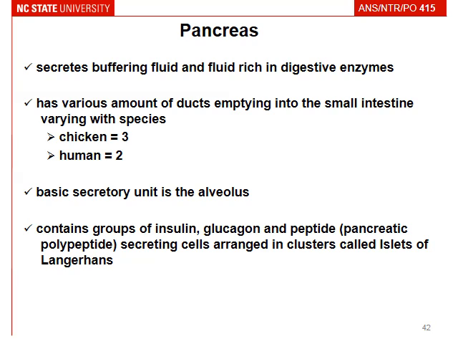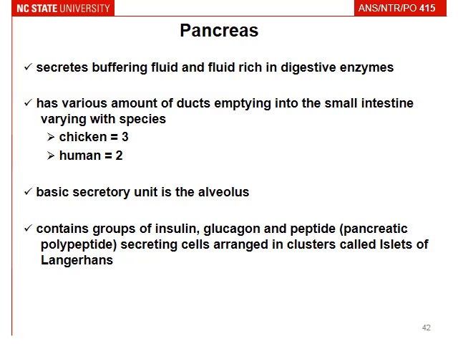So as I mentioned before, the pancreas secretes buffering fluids. Remember, we have that hydrochloric acid coming from the stomach, which is a very low pH, and if we don't buffer that and bring it up to a more neutral physiological pH, it will have very bad ramifications on the rest of the GI tract.